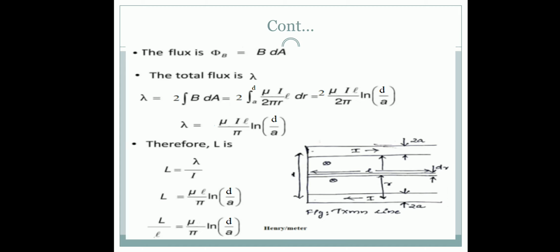So lambda by I. So we can write it as L is equal to mu I L by pi I log of d by a, or mu L by pi log of d by a, or inductance per length is mu by pi log of d by a. Unit is Henry per meter. So mu by pi log of d by a is the self-inductance associated with a two-wire transmission line.